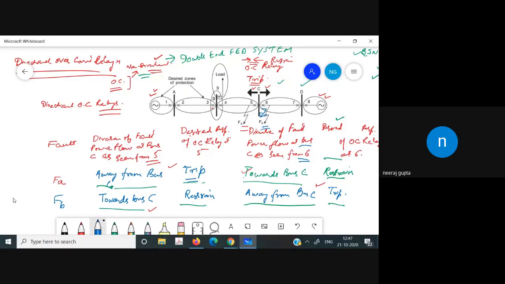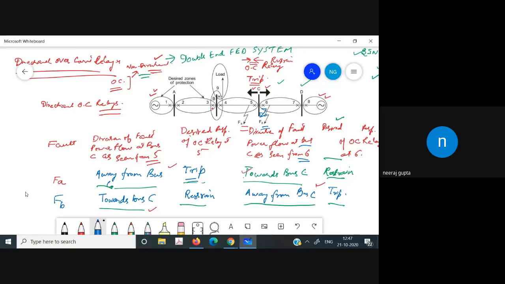However, we did the analysis, taking into consideration the bus C, and saw that if the fault power is moving away from a particular bus, then the relay will give the trip command and the desired zones are generated. If the fault power is moving towards the bus, then the relay will restrain. So in that case, the desired zones are generated if we consider that concept.